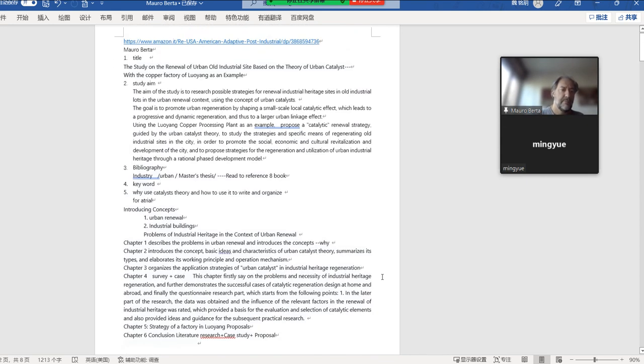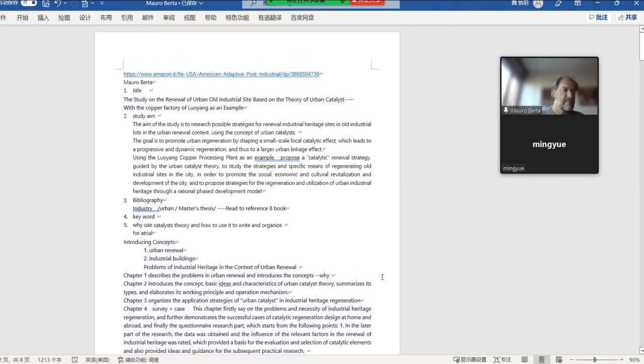Okay. For the reuse, because you just mentioned adaptive reuse, it is also a keyword. Yeah, I think that the most important keywords for you are adaptive reuse, temporary uses, strategies and tactics, and so on.